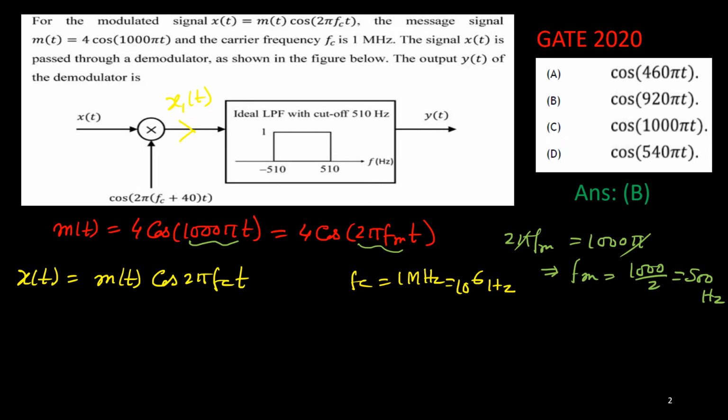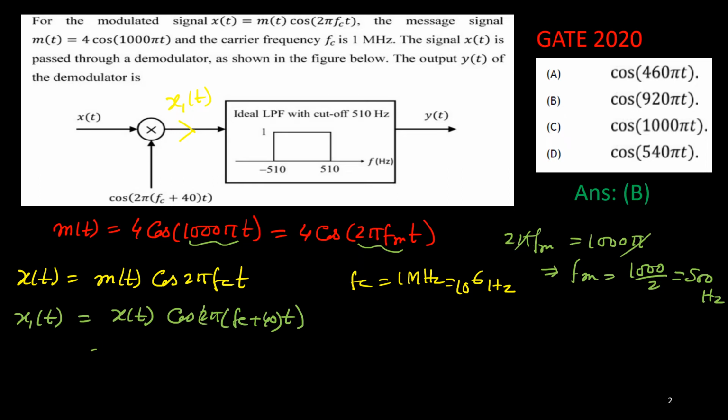This x1t is xt times cos 2 pi fc plus 40 t.